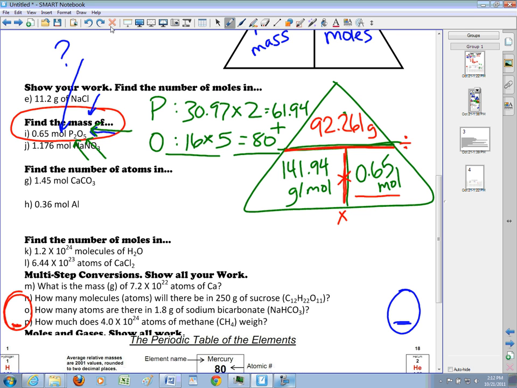So my answer will be 92.261 grams P2O5. We solved a mass moles problem. The next one, the next video, we'll do atoms and moles.